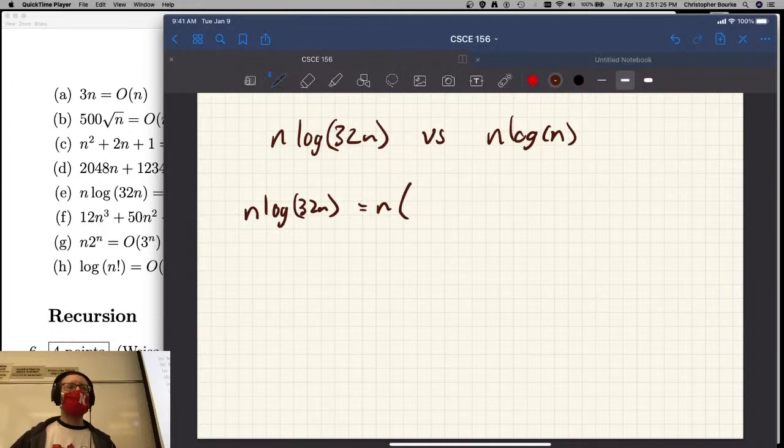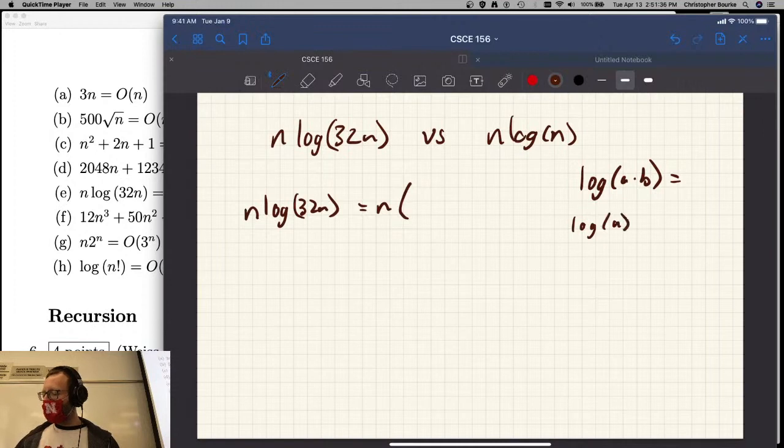At this point, you need to start remembering your log identities. Log of a times b is equal to log of a plus log of b. So I can split the 32 and the n up into log 32 plus log of n.